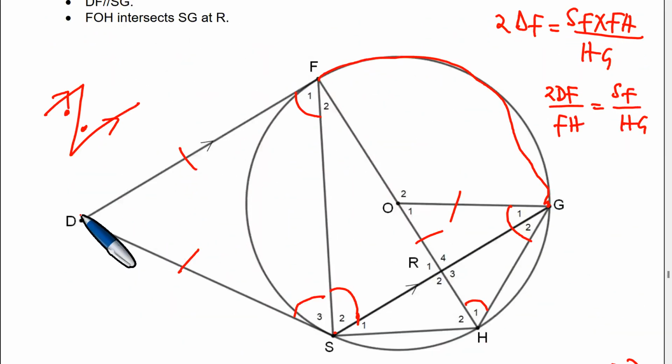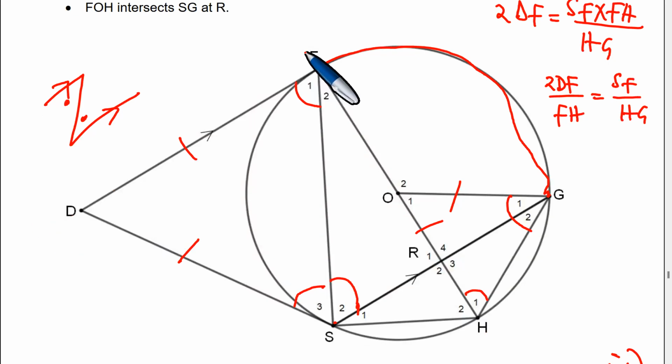I wrote below there that DF over OG is actually equal to SF over HG.